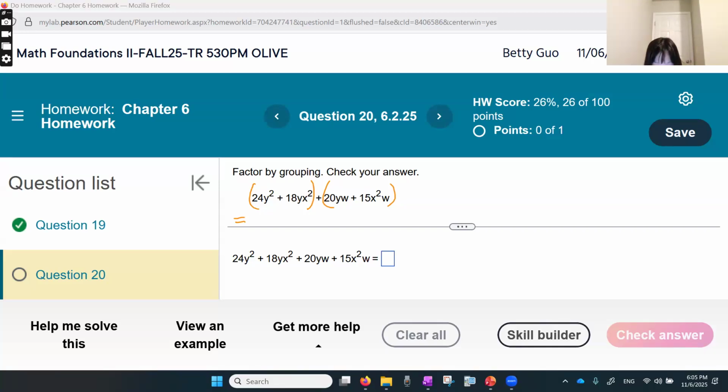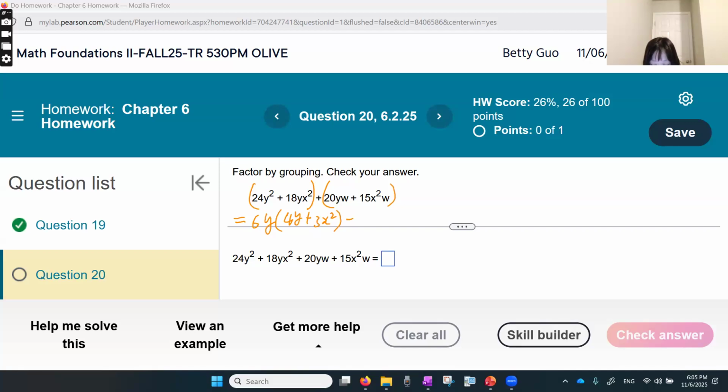The first two terms together, 24, 18. What is the GCF? 6y. Okay, 6y is the GCF. So 4y plus 3x squared. Agree, guys? Yes. 24y squared plus 18y.